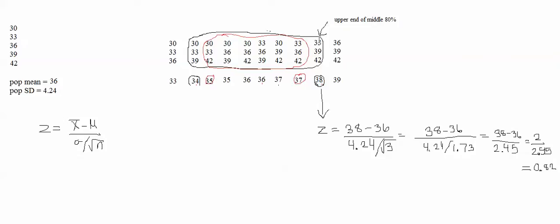We have to find the sample that's at that upper edge, meaning the highest sample inside of the middle 80%, which is this one right here. See how this is located at the upper end. We have to take the mean of that sample, which is 38 in this case, and plug it into the z formula. See how the 38 goes in right here? Once you get the z-score, your final answer is the coefficient.